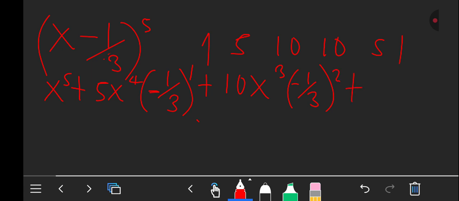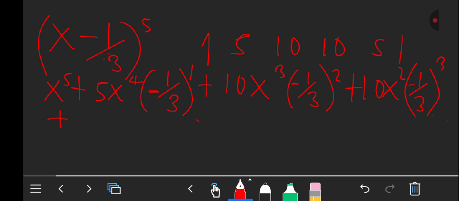Then plus we get 10 again. x will decrease to 2 from 3. Then our b will gain 1 from 2 to 3 now. Okay, this is a binomial expansion.